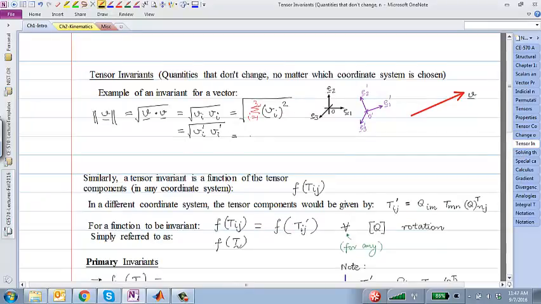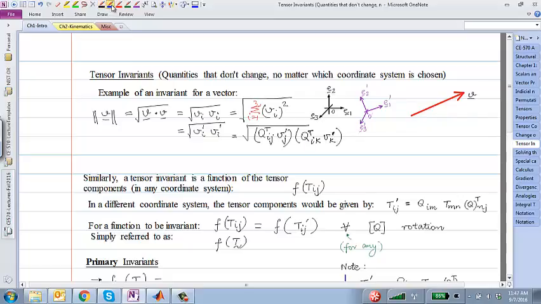So I'll write it as square root of Q transpose ji, Q ij vj prime, that's this, and another Q transpose ik vk prime.